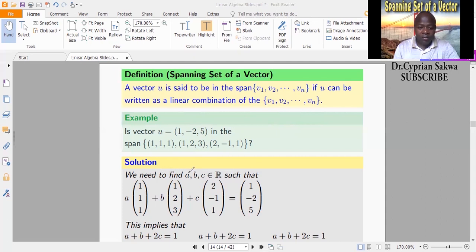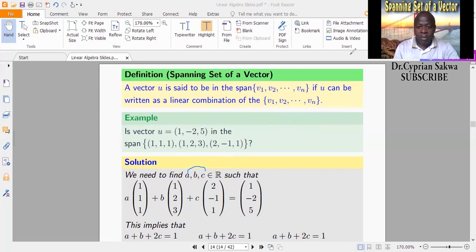So we seek to find if scalars A, B, C exist such that A times the first vector plus B times the second vector plus C times the third vector would give us U. If those scalars exist, it means that U can be written as a linear combination of these vectors, and therefore U is in this span.